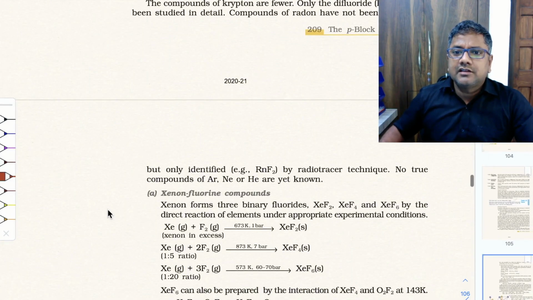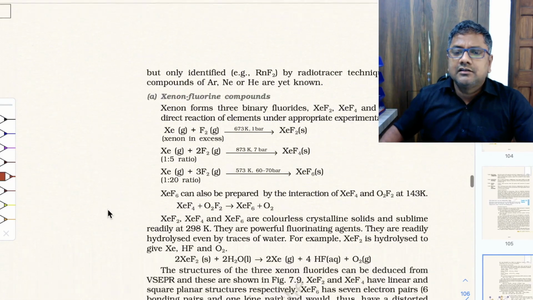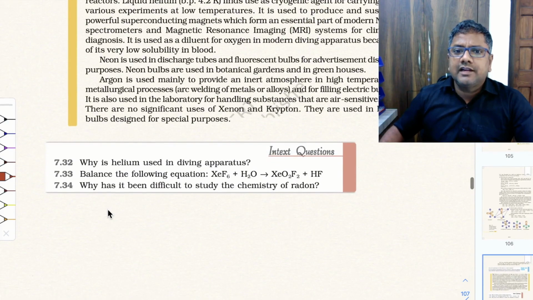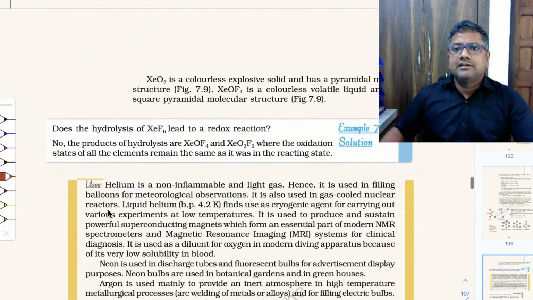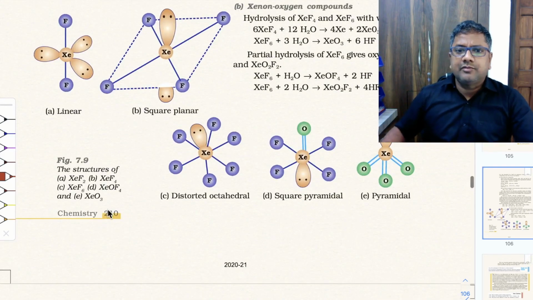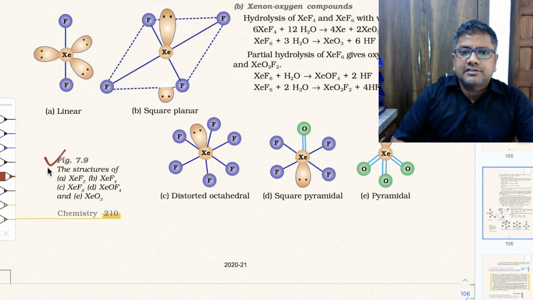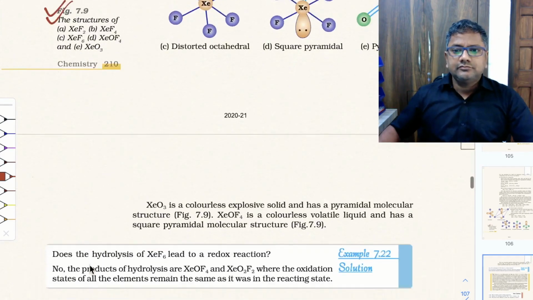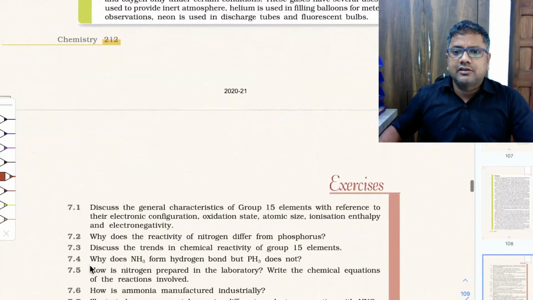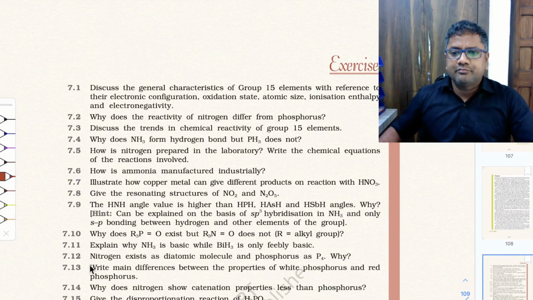Chemical properties are there, xenon and fluorine compounds, although they have not directly mentioned this, but this is the only reaction you can prepare, right? Structure. Okay, so this is the portion of your P block, which is in your syllabus.